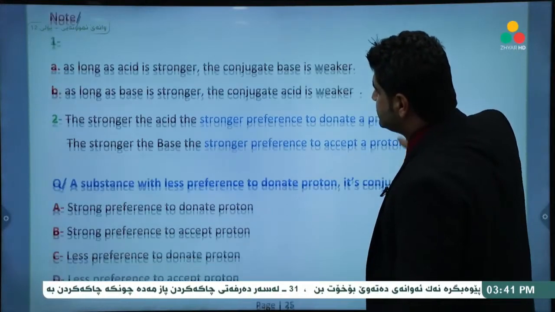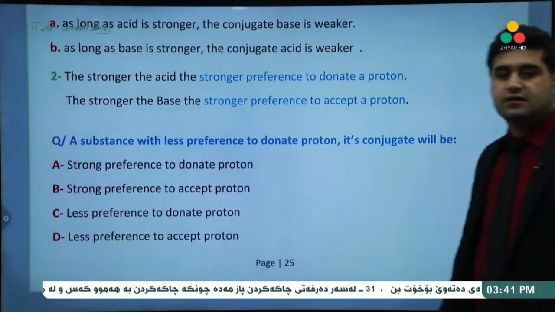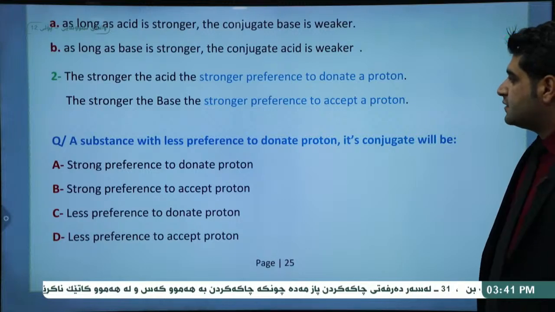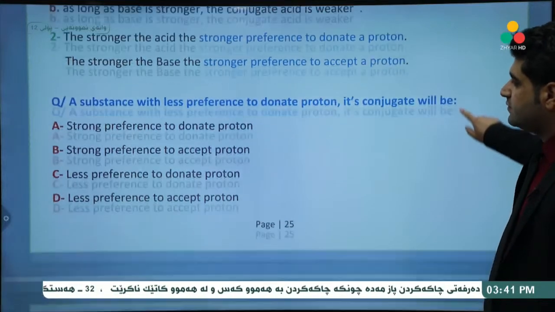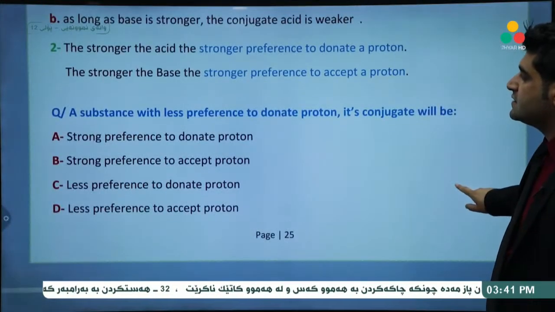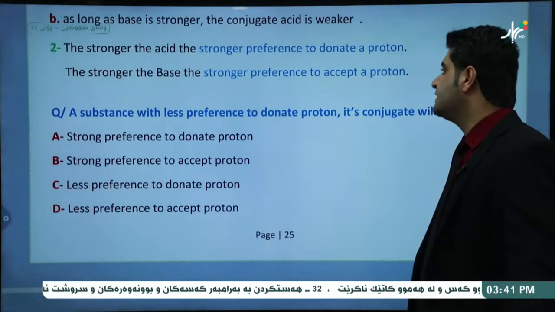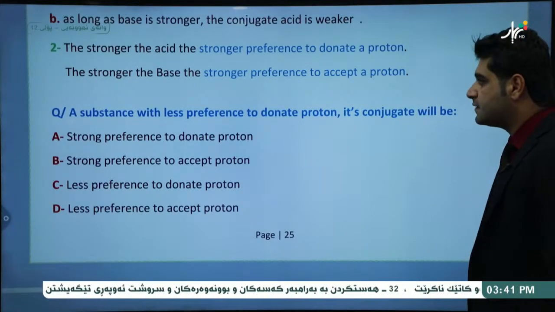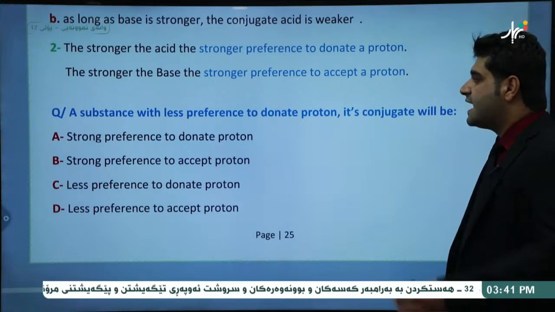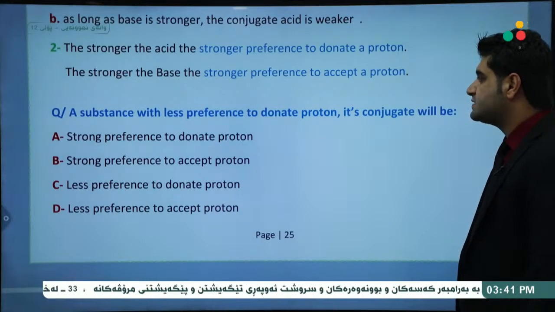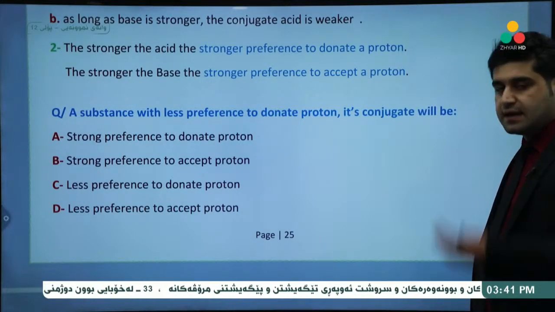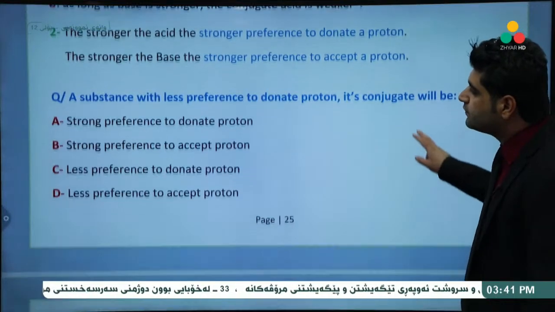As long as the acid is stronger, the base is weaker. As long as the base is stronger, the acid is weaker. It's about conjugates. The stronger acid has a stronger preference for donating a proton, as the stronger base has a stronger preference for accepting or gaining a proton.